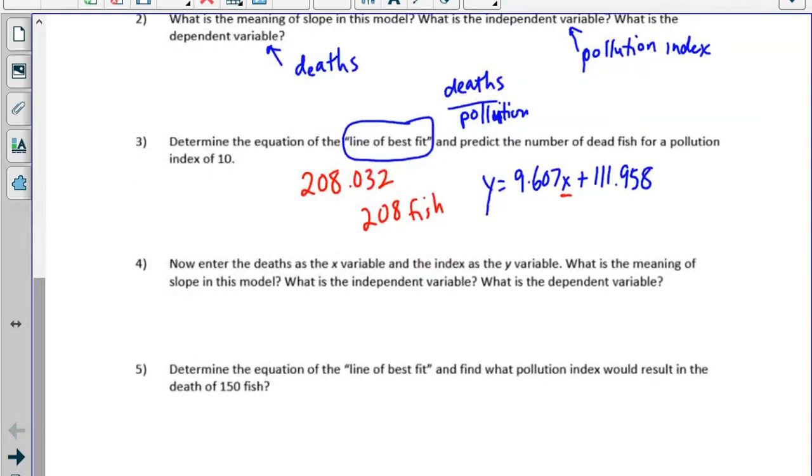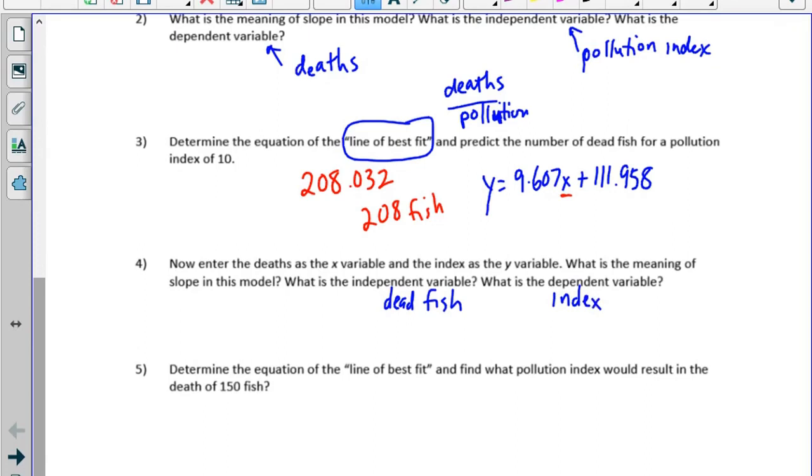Okay, really briefly, I will show you how to flip the x and y variables. In some cases, the independent and dependent variables could be changed depending on the circumstances. In this problem, it's a little strange to think about, but let's act as if the independent variable is the number of dead fish and the dependent variable is the pollution index.